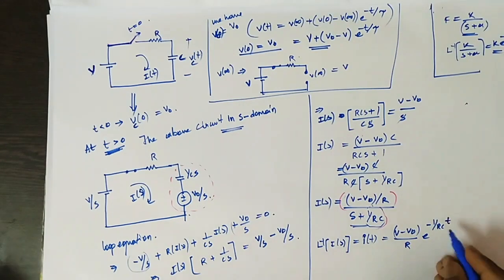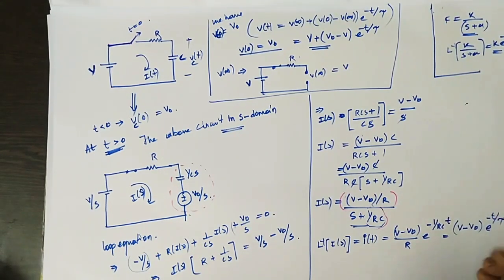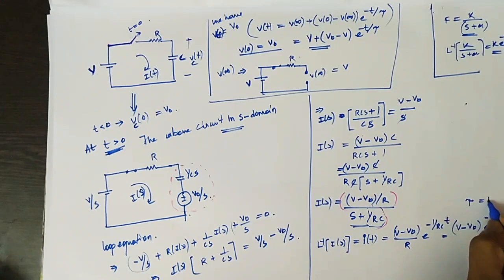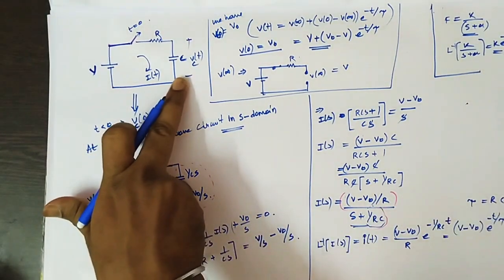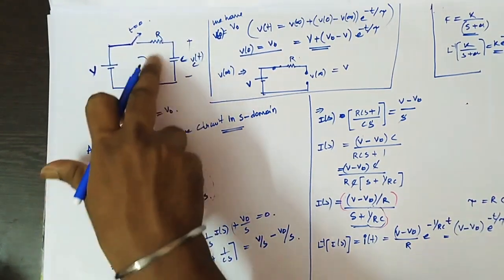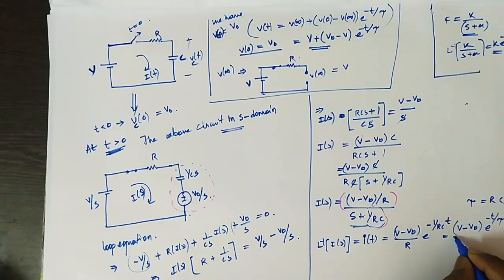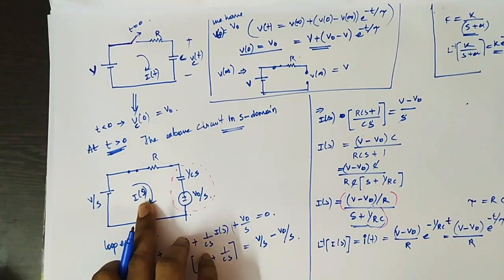If you keenly observe, this will be of the form V minus V naught into e power minus t by tau. So tau equal to what? Here RC. In the RC circuit, once the switch is closed, the time constant is RC. So this is the expression you got in I of s form.